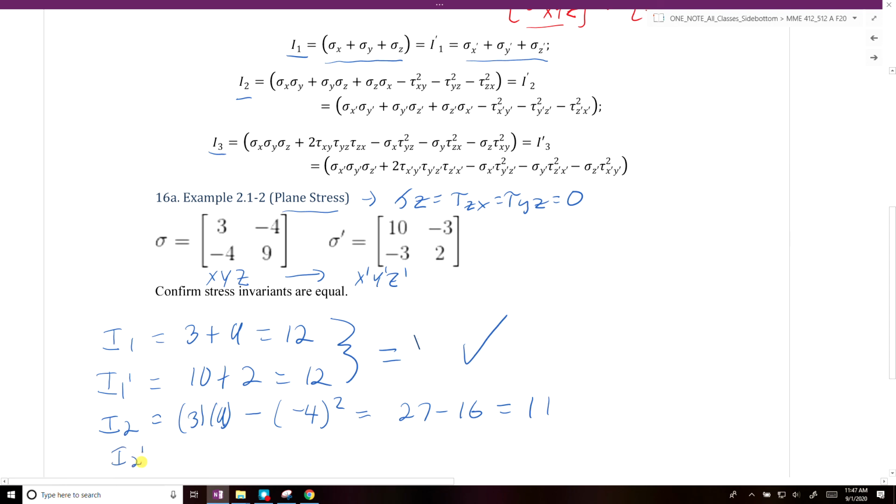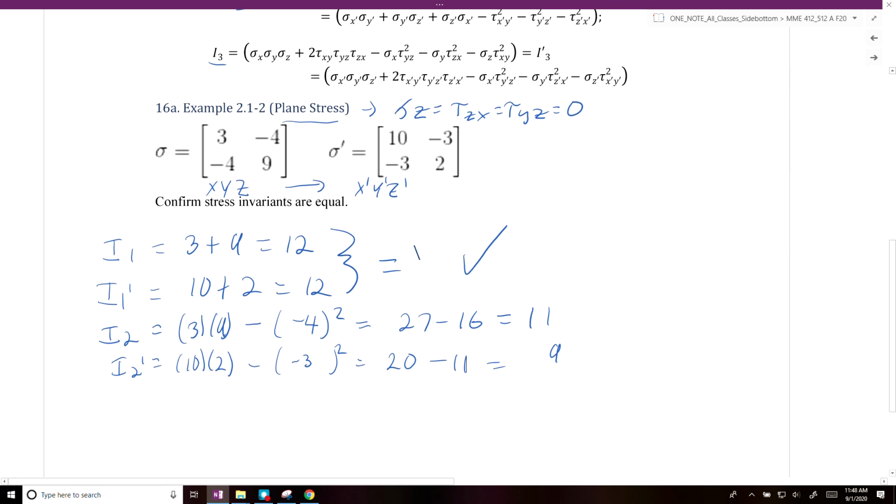For I2 prime, we get the normal stresses times each other again, so 10 times 2, minus our shear stress squared, which was -3 squared. So that is 20 minus 9, which is equal to 11. Both second stress invariants are equivalent.